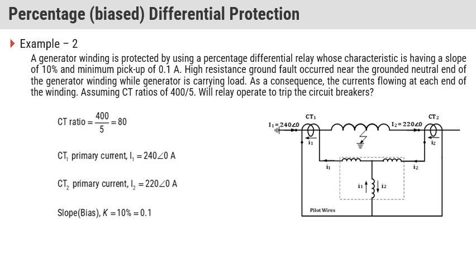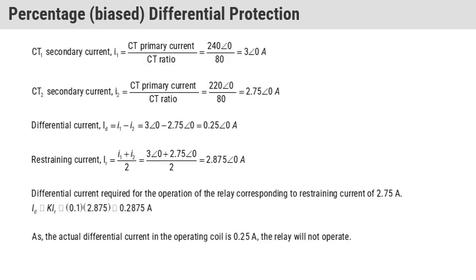Putting in all the values, we get a differential current of 0.25 and a restraining current that is more, 2.87. The differential current required for operation of the relay corresponding to a restraining current of 2.75 ampere is calculated again, and as the actual current in the operating coil is 0.25 ampere, the relay will not operate.